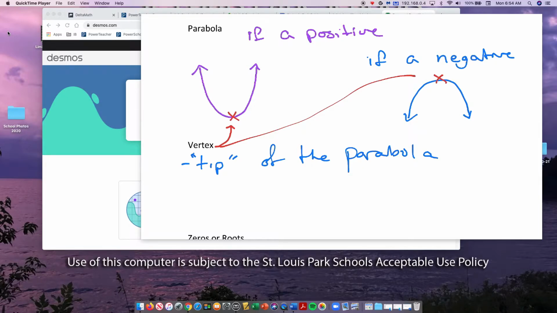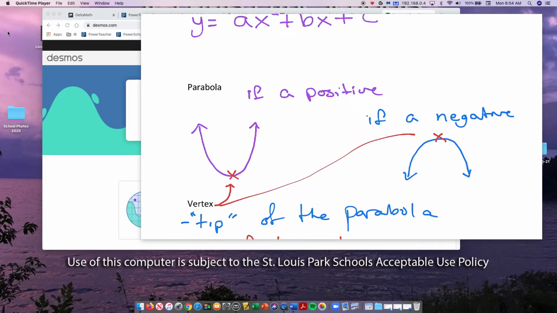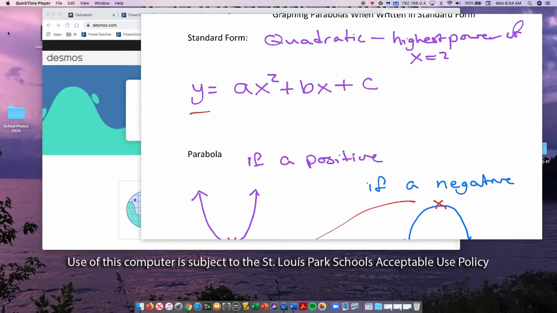Now we can find the vertex. The equation for finding the vertex takes on making sure that you know that you're in standard form. Remember, we talked about standard form in the first unit, where it was decreasing powers of x.